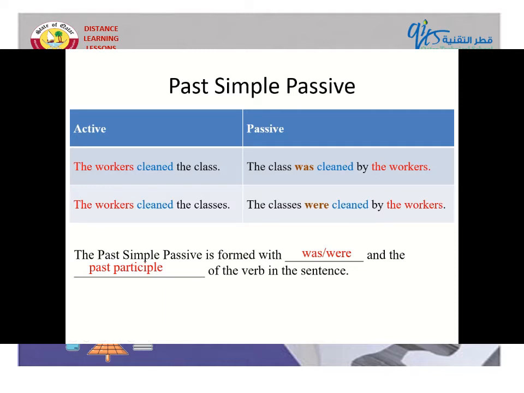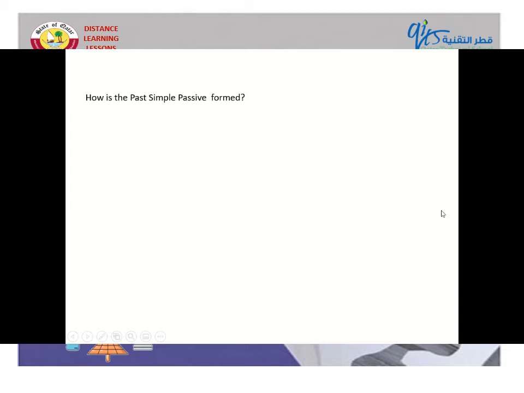Now, the agent here, the workers, that is who performed the action, is usually dropped. So we will have the class was cleaned or the classes were cleaned. So we'll drop the doer of the action here.